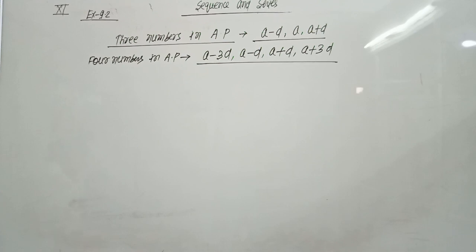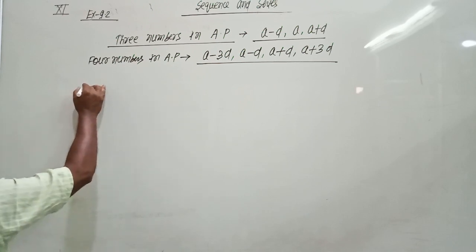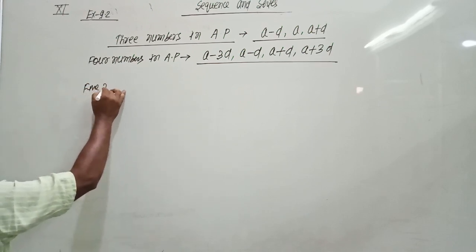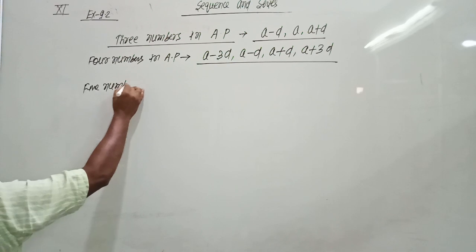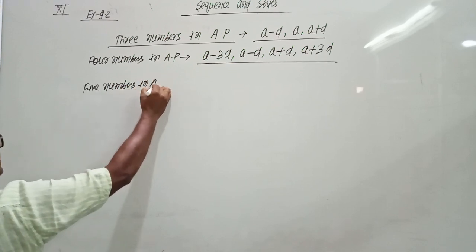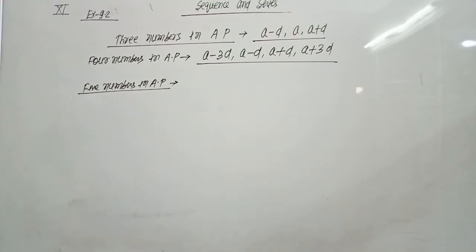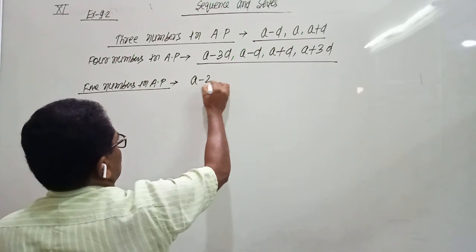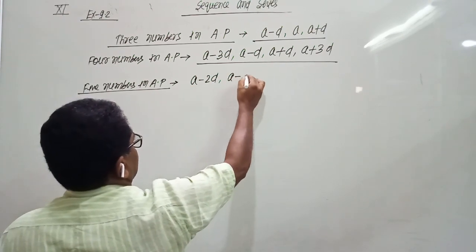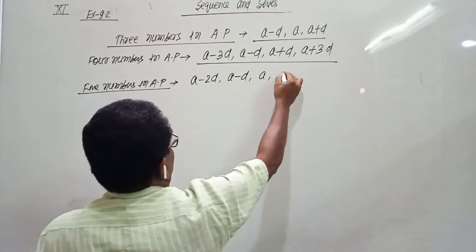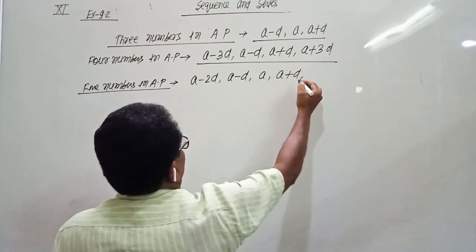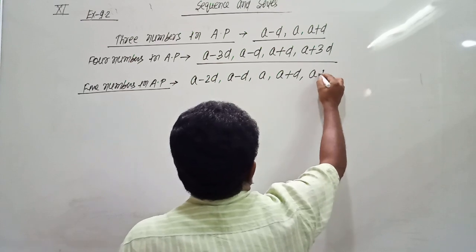If we have to choose five numbers in AP, they are taken as a minus 2d, a minus d, a, a plus d and a plus 2d.